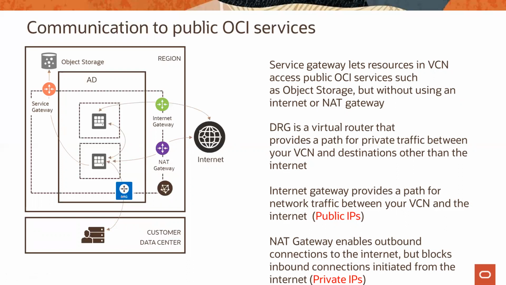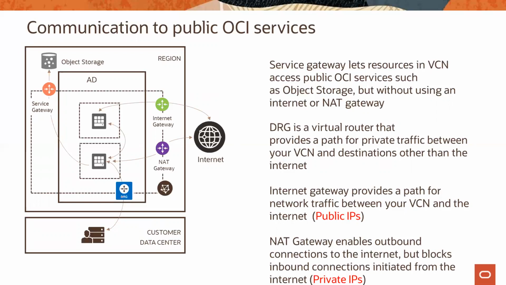Because it's a private subnet, it doesn't have a public IP, so you use a NAT gateway. This NAT gateway will allow those private IPs to go to the internet, get any updates, do any browsing, or anything that you need from the internet, but it will not allow any connection from the internet to go through the NAT gateway. So it's one direction only.